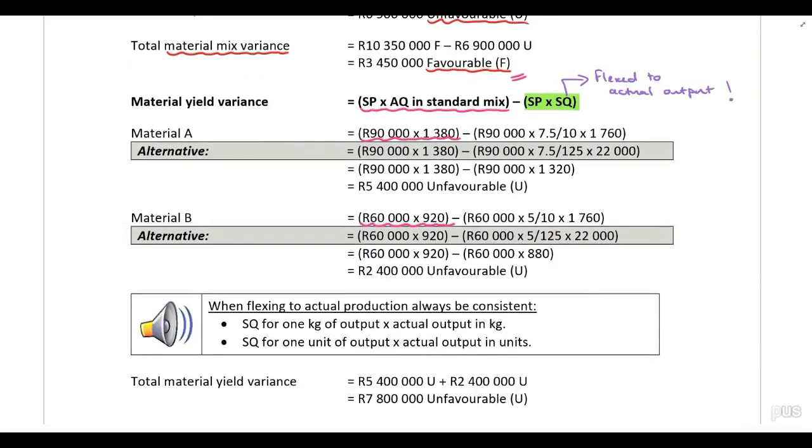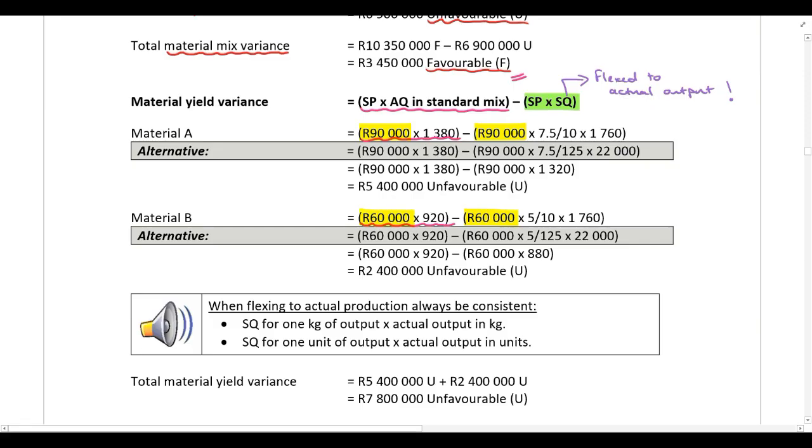All right, so we already have the standard price for material A and also for material B. So we actually just need to take the standard quantity and flex that to actual output. Now, this is how you perform this calculation. I actually don't need to write this down. If you just look below, you've got two choices. Let's look at the first option.